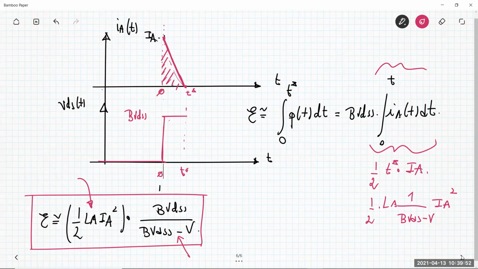If BVDSS minus V is very large, which is our hypothesis, this term is going to 1.